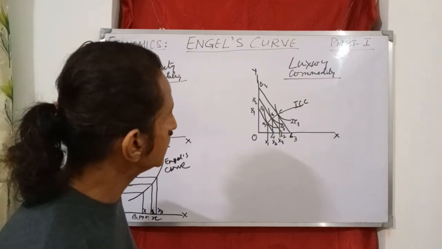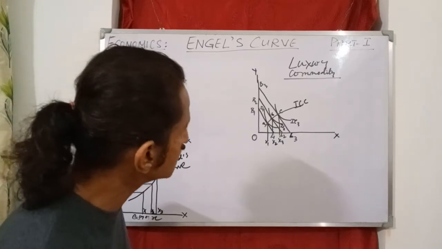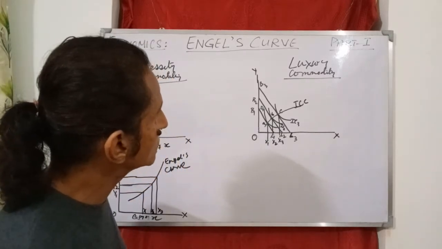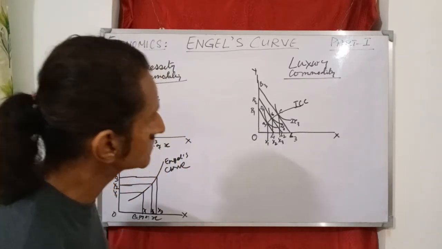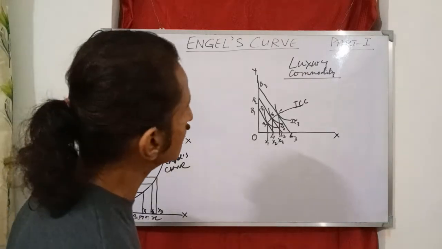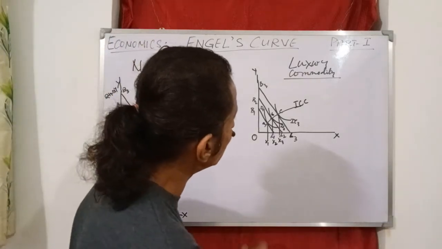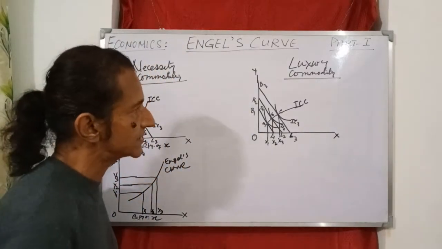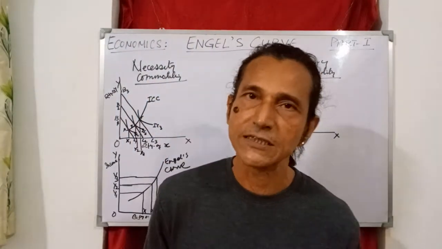With increase in his income, the consumer is purchasing OX2 units of X with budget line B2, L2 and IC2. And with further increase in income, the consumer is purchasing OX3 units of X with budget line B3, L3 and indifference curve IC3.